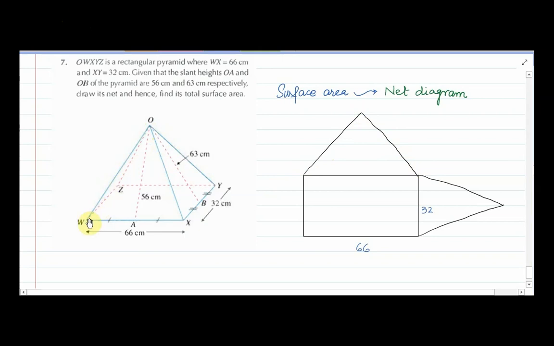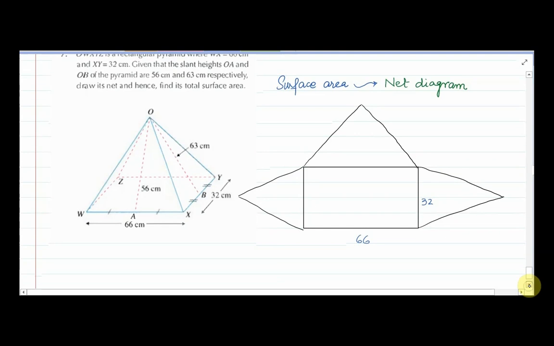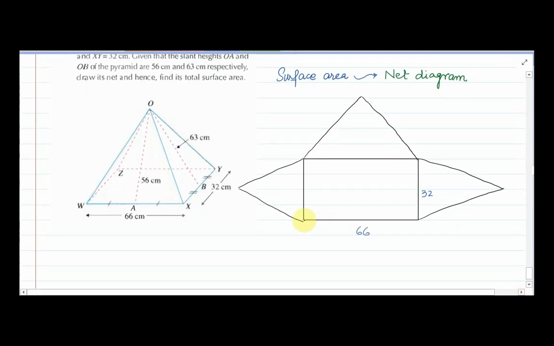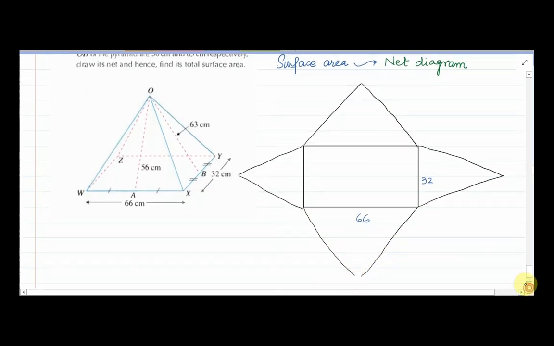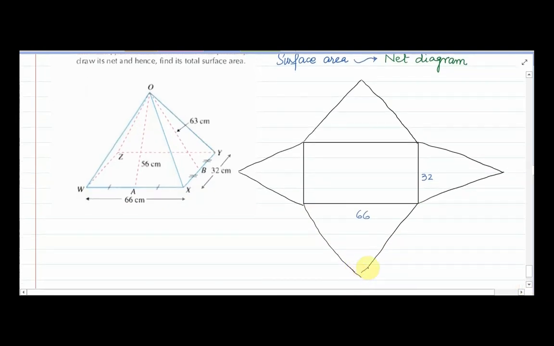Similarly, WZO, this triangle on the left, when you open it, it will be like this, and the last, if you open the bottom triangle, it will be like this one, right? So that's how we draw the net diagram of a pyramid.